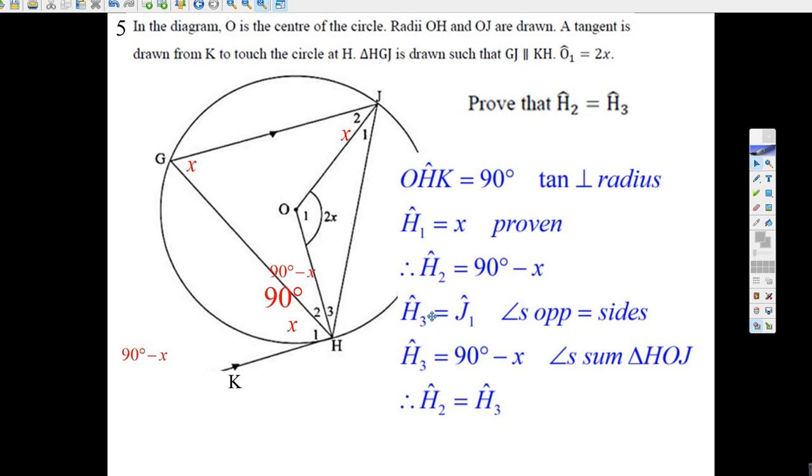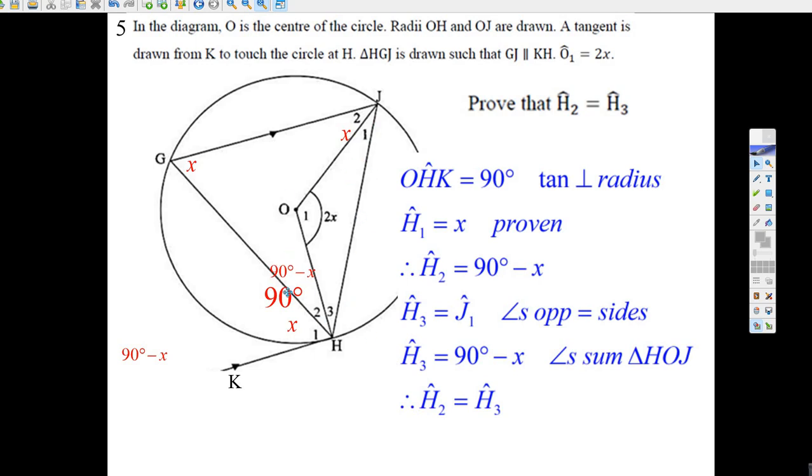So 180 degrees minus 2x, that's what these two things must be. I could do it like solving an equation. These two altogether must add up to 180 minus 2x, so each of them must be half of that, which is 90 minus x. Well, that's what I was trying to prove.